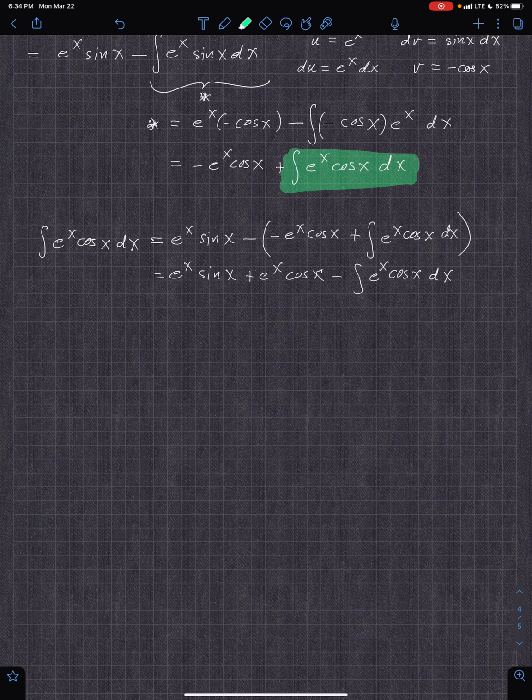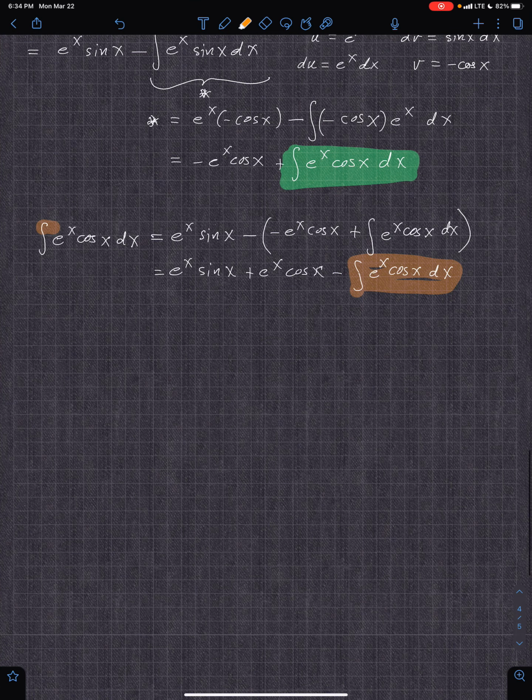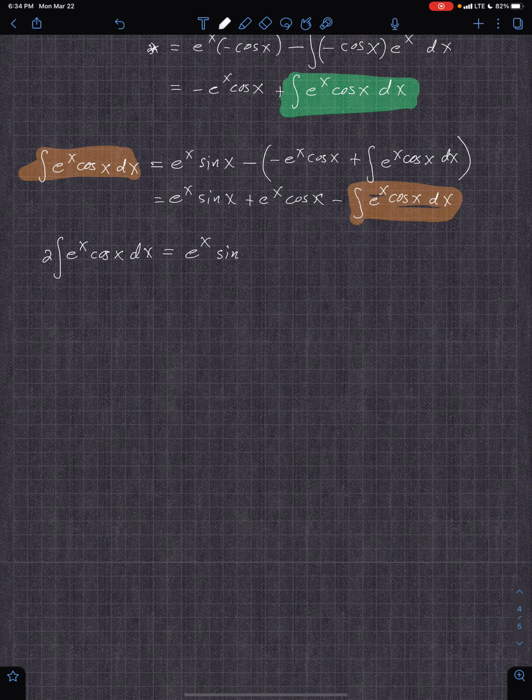So again, we are going to take this and isolate it. So you add it on both sides, and you get 2 times the integral of e to the x cosine x dx equal to, and then what's left, e to the x sine x plus e to the x cosine x.